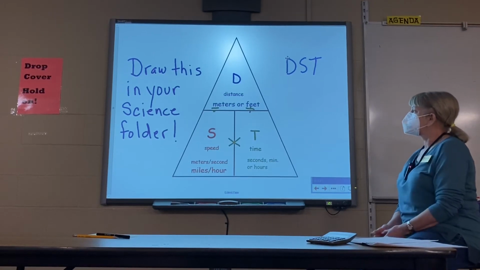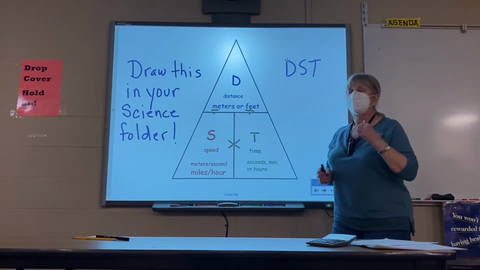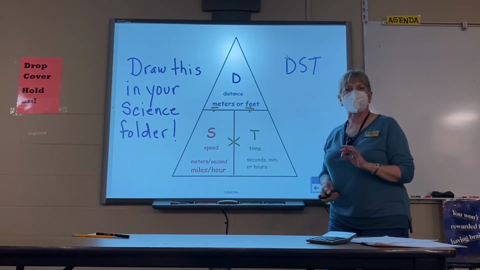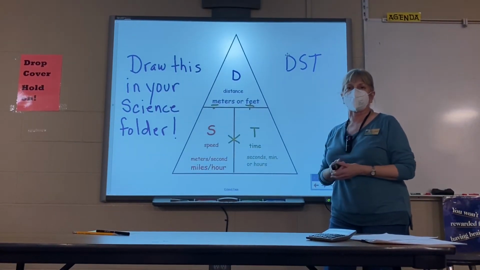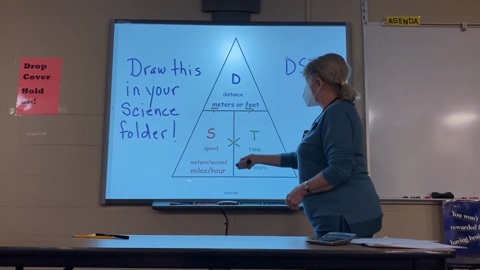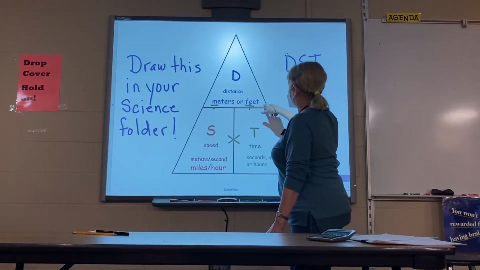All right, so if you'll do this, I need you, those of you that are in my room, to make this great big on one whole sheet of paper in your science folder, and I'm sure that Miss Whiteside wants you guys to do it in your binders. Okay? Yes. And it's just a great big triangle like this. You're going to divide it off into 3 compartments.